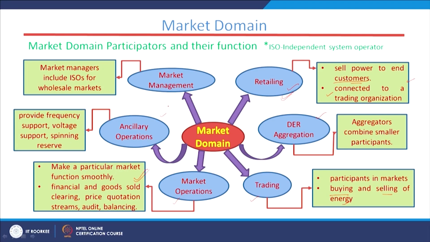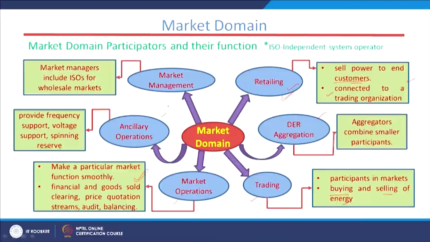And coming to market management, because every system should have some management system, this market management is there to manage the ISOs. ISO means the independent system operator. This market management component helps to manage the ISOs for their wholesale markets. So, these are in brief the functions of the market domain.